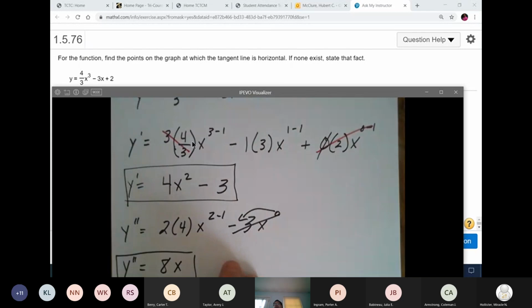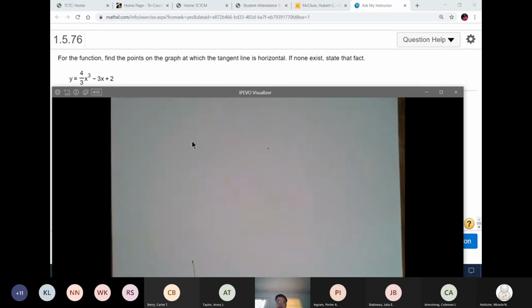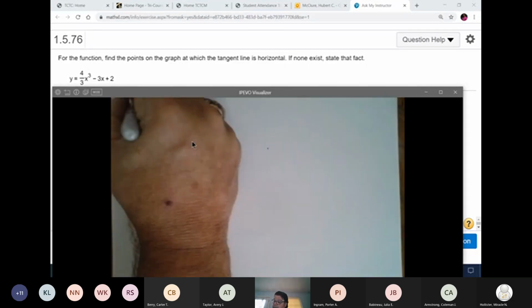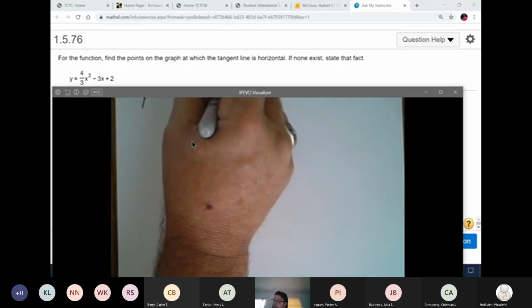Now, you could actually look at y prime, 4x squared minus 3, and set it equal to 0. Let me set it equal to 0 on the next page. Hold on just a second. y prime is equal to 4x squared minus 3.